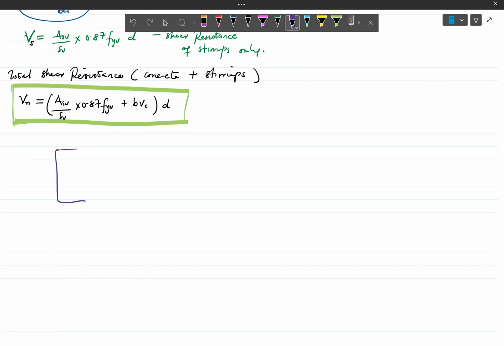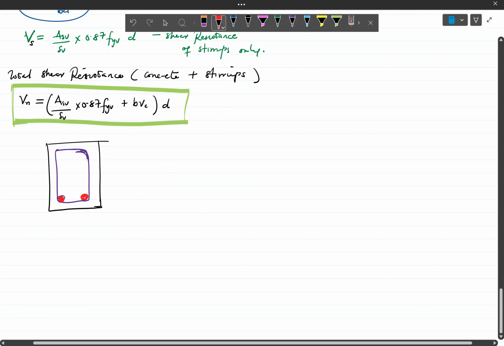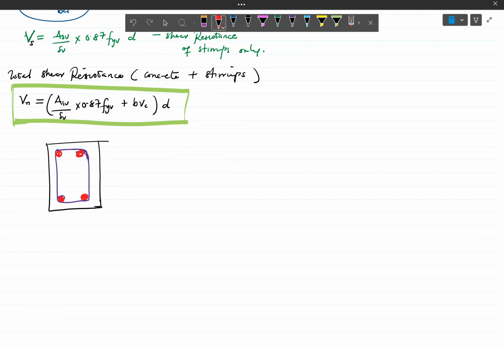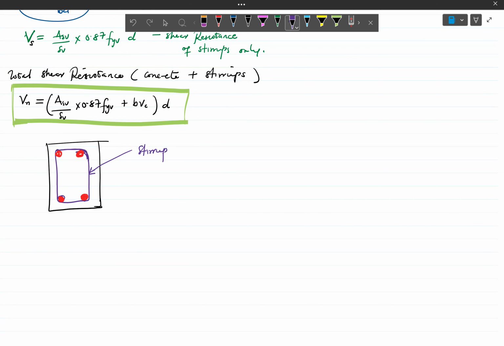If this is the outline of your concrete, then your stirrups have this, and you have your longitudinal rebars sitting in there, and this here is the stirrups.